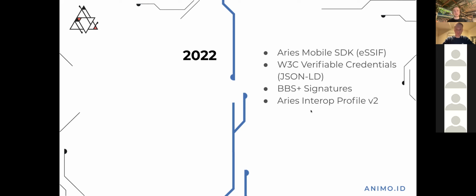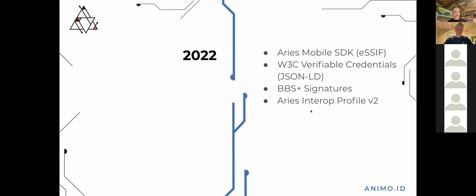In 2022, we want to work on mostly the next phase of the Aries standards. Currently, Aries interop profile v2 is defined, and we want to work towards that. So all the protocols that are defined by that, the issue credential v2 protocol, the present proof protocol v2, the new DID exchange protocols, we want to support. And we also want to extend to support W3C verifiable credentials.